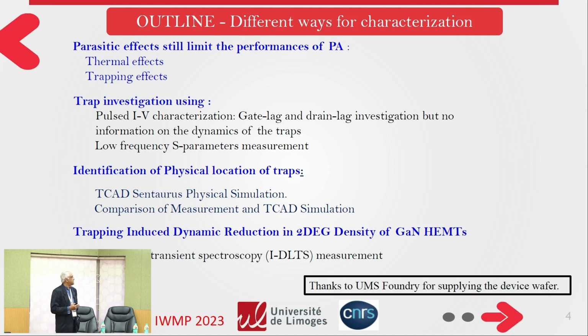Then I will talk about how we can identify the physical location of traps. We will use TCAD physical simulation and compare with measurement data. Finally, I will talk about trapping-induced dynamic reduction in 2DEG density of GaN-HEMT by using DLTS current measurements.